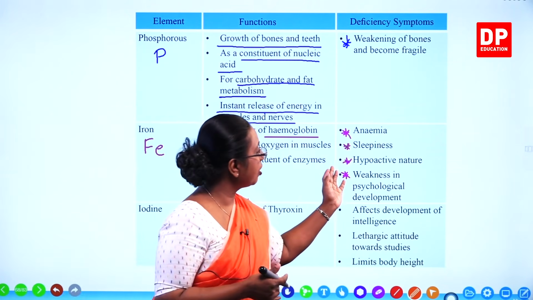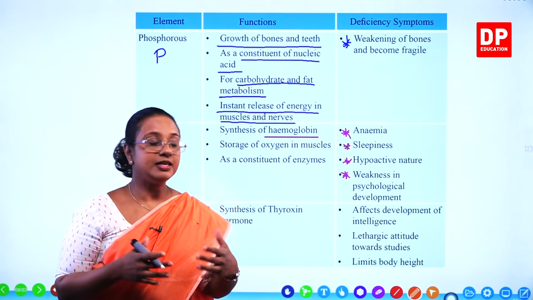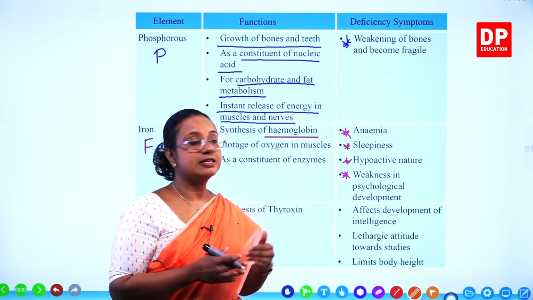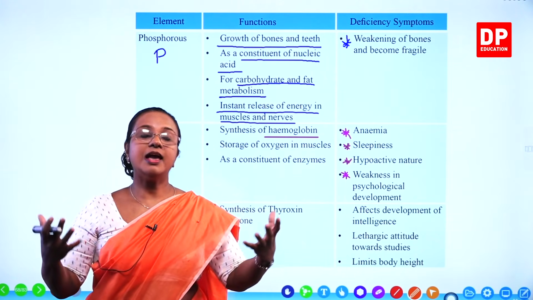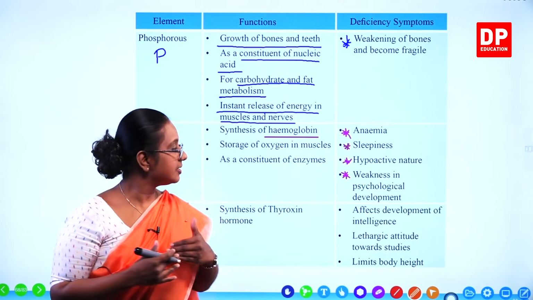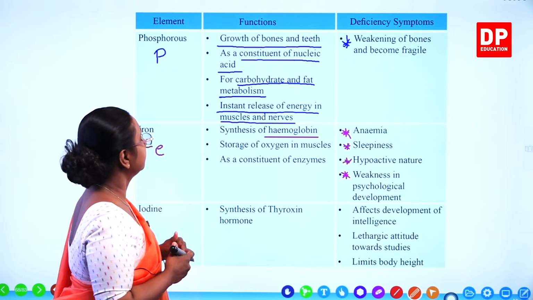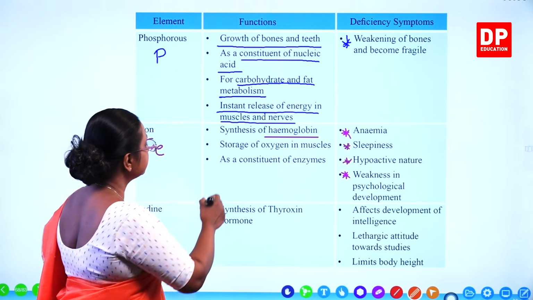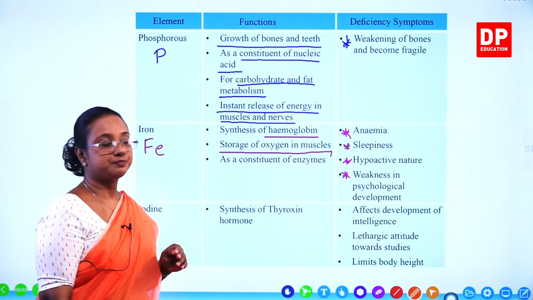That is what we call hypoactive nature. And all these can lead to weakness in psychological development. You are not very active in your mind as well. Another function of iron is the storage of oxygen in muscles.